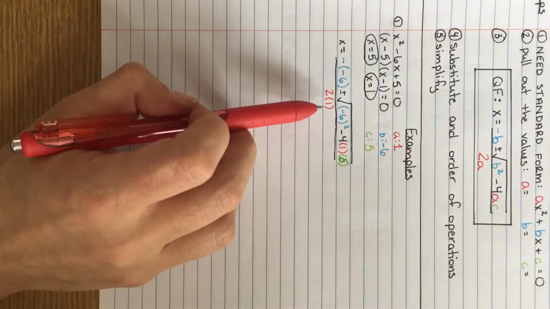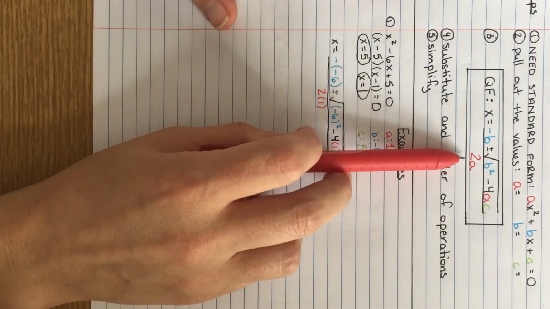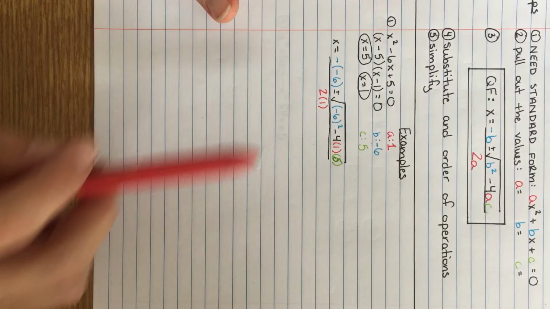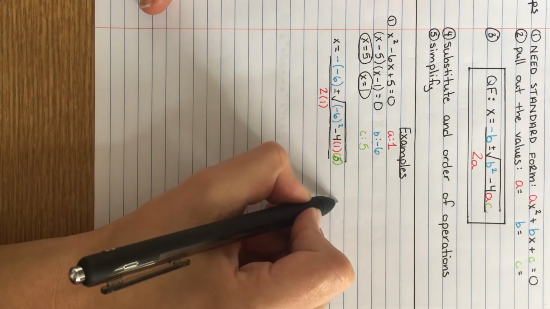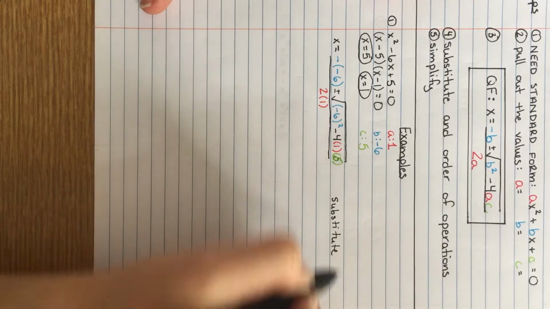And there's a reason I'm putting 2 times a in red. The 2 times a is consistent. It will always be 2 times a, but when I start skipping steps, I'm just going to do this at one time. So the first step is to make sure that you substitute properly.